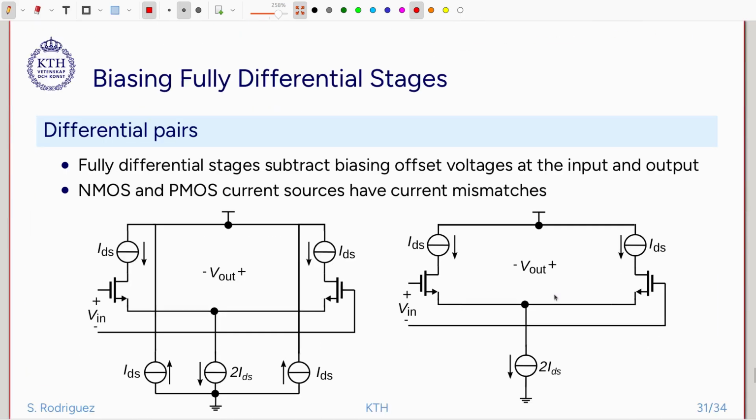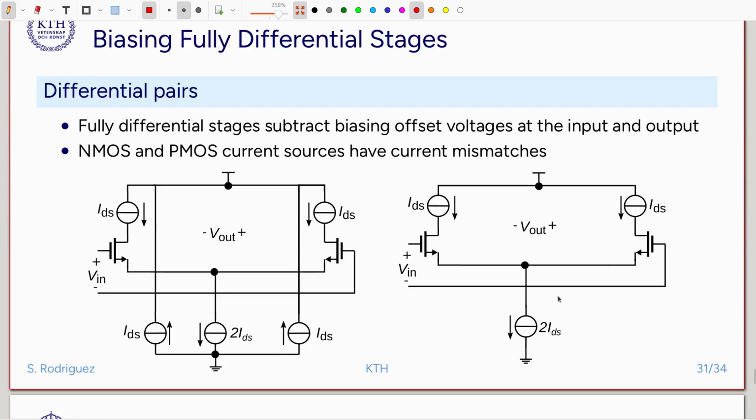And then we introduce the point VDD, and then we split the current sources also the input, so we will have the following. This node here is called VDD.